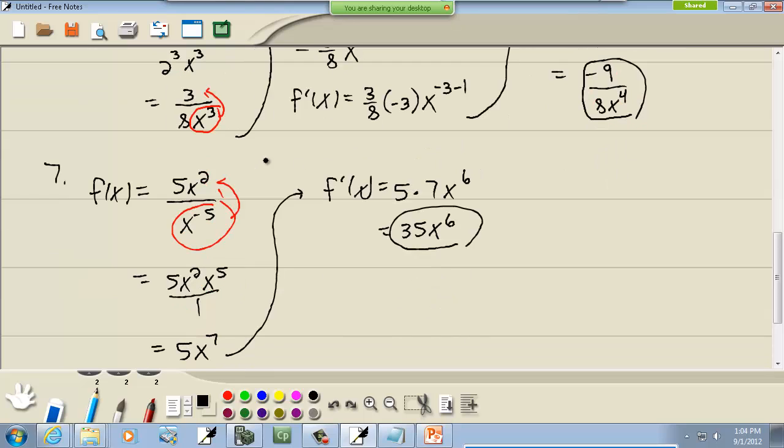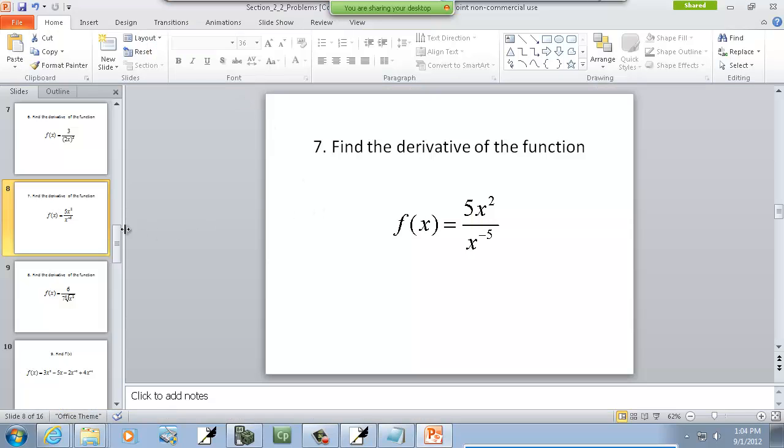And that might be time for a new page, too. These are rules for differentiation, I think. Yeah, some rules for differentiation.